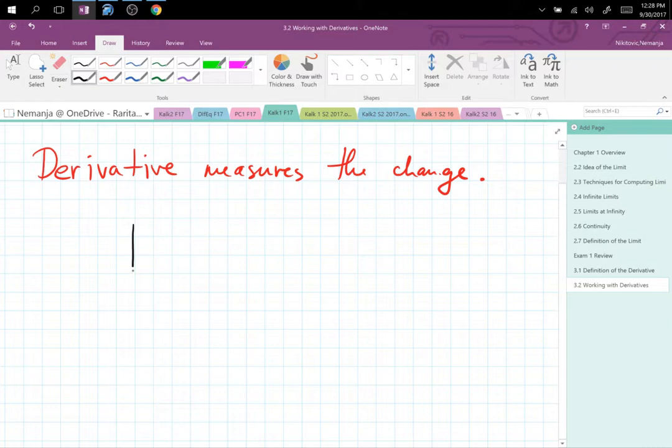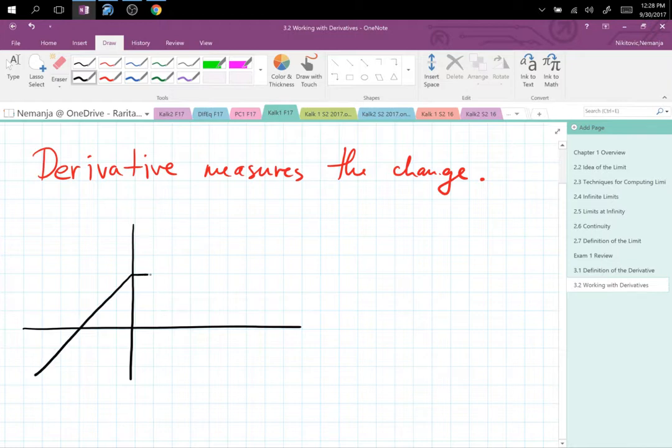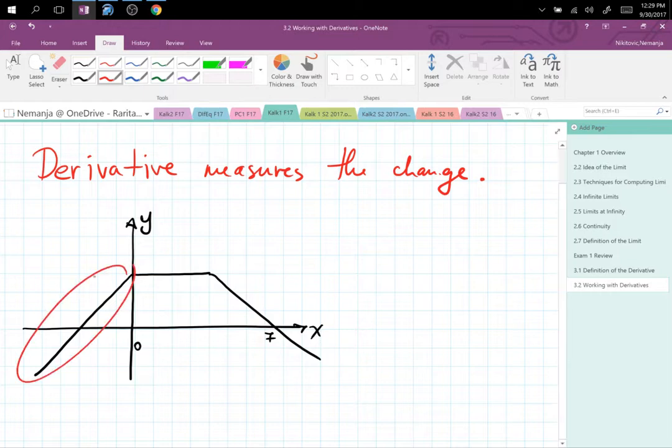So say we have a function like this. What is the slope of this line?